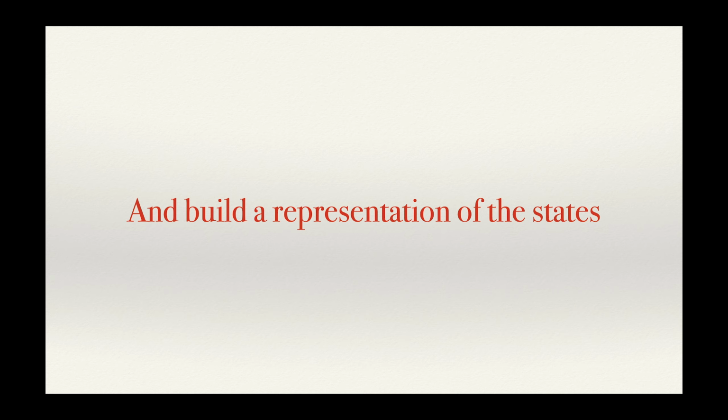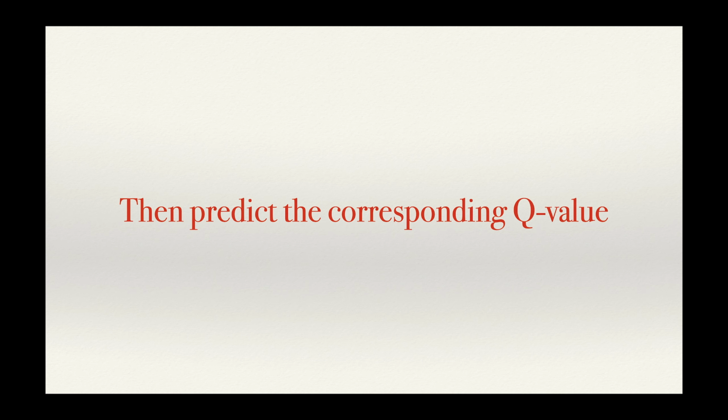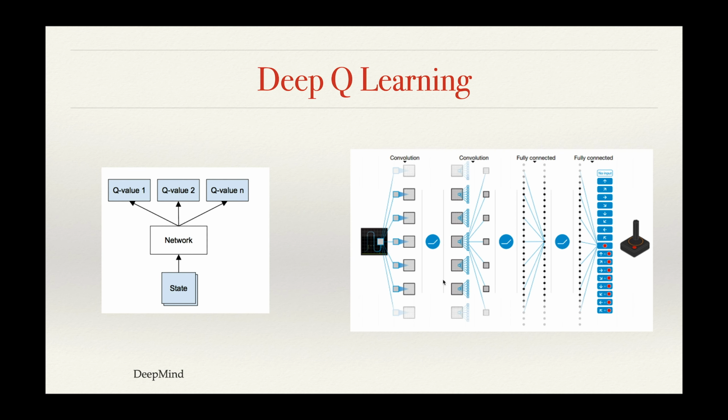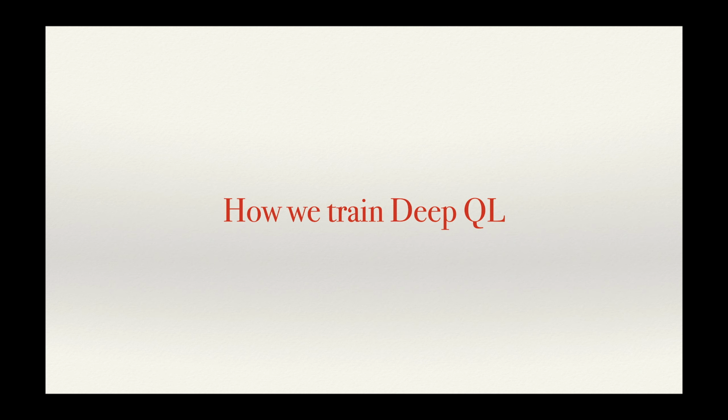So this is the solution: we build a neural network. Mainly here it's a convolutional network because we are looking at the game scene. We do convolutions, then we predict the value of each action that we can take. Okay, so we have the state, which is the input scene. We have a network. Then this network gives me the value of each action that we can take.